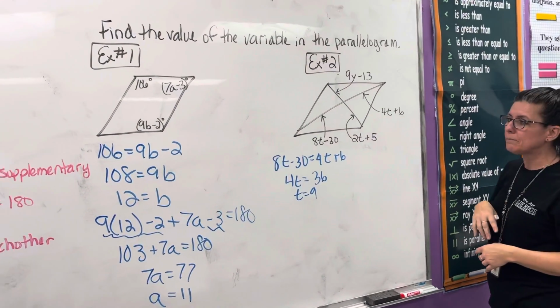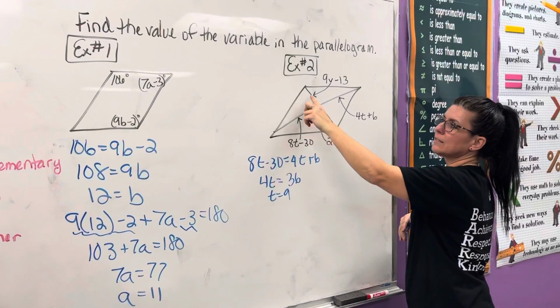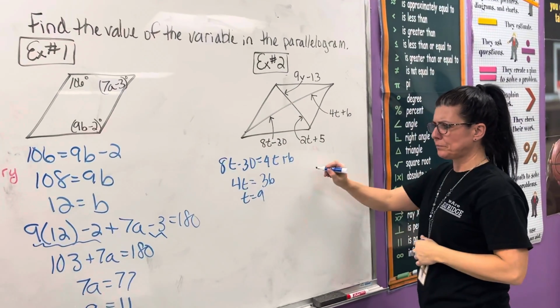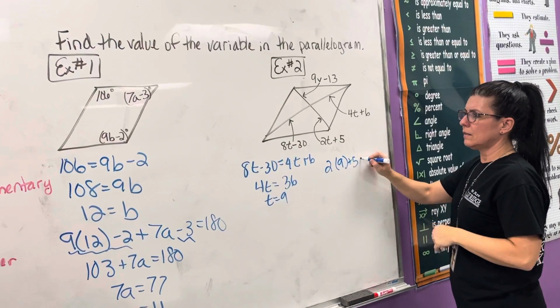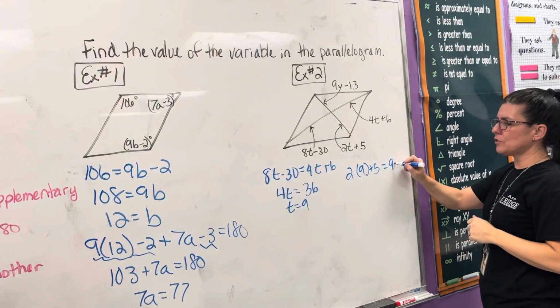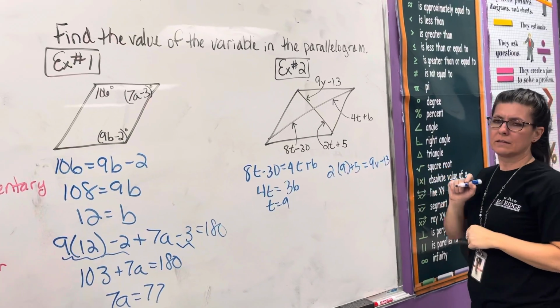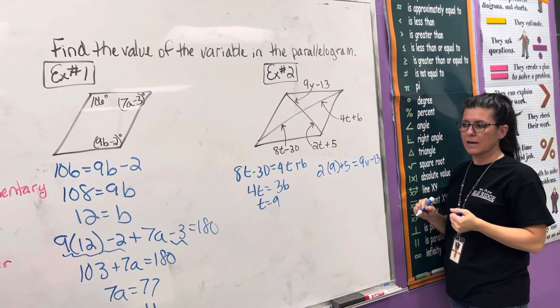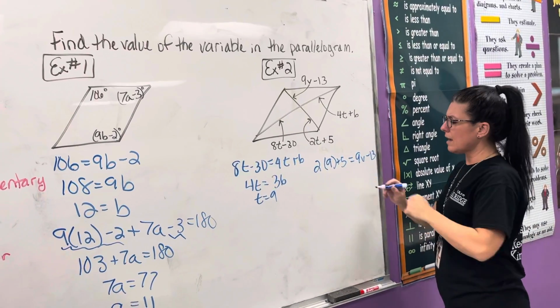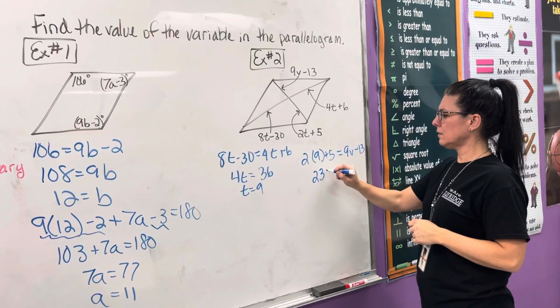Now that I know that t is 9, I can plug it in and use it for my next step. So now I can set these two equal to each other. I know that t is 9. And then the other side of the equation is 9v minus 13. I can only set this up because I now know that t is 9. So on this side, I get 23.